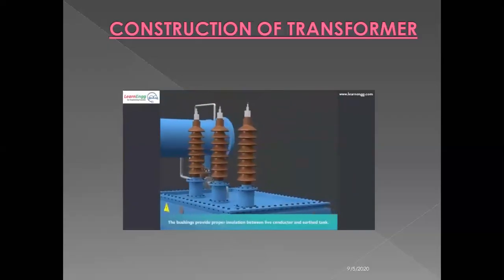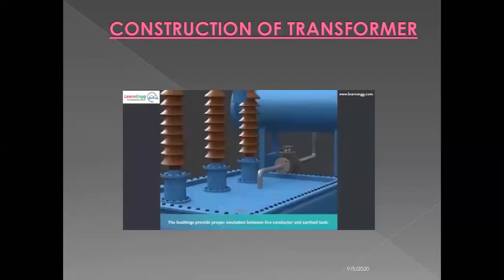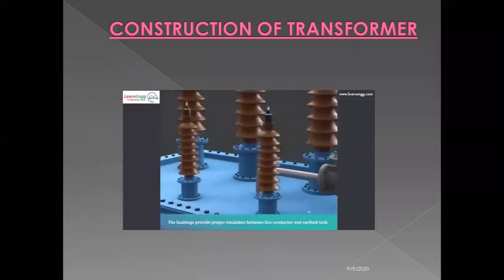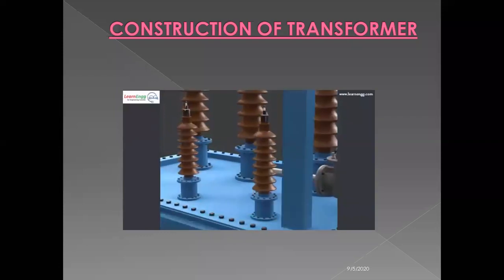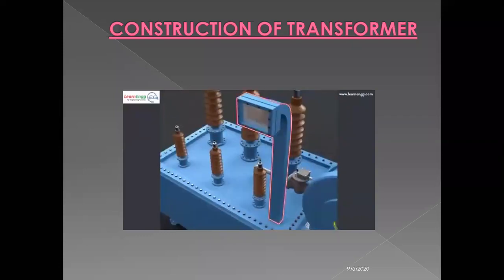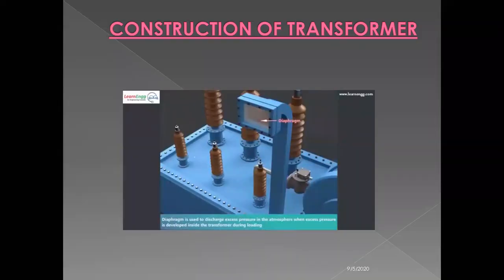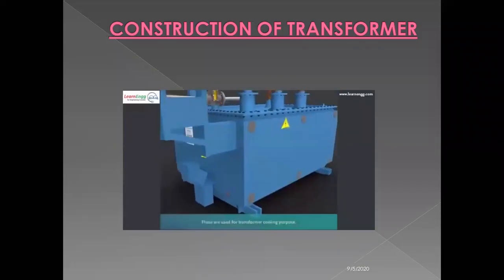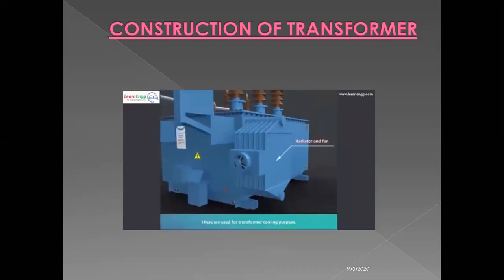The bushings provide proper insulation between the live conductor and the earthed tank. Explosion vent provides an exit path to the gases produced in the transformer due to all kinds of faults. Diaphragm is used to discharge excess pressure to the atmosphere when excess pressure is developed inside the transformer during loading. These are used for transformer cooling purpose.